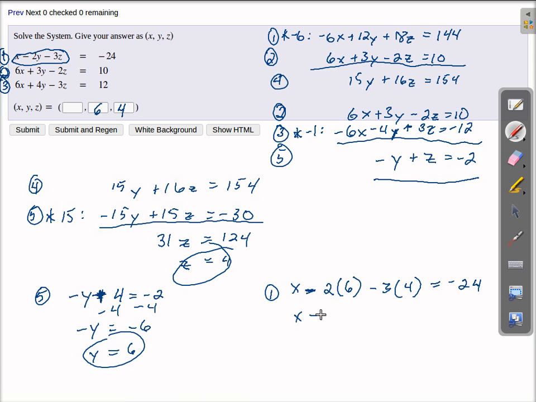So this is x minus 12 minus 12 equals negative 24. And that's, of course, x minus 24 equals negative 24. Add 24 to both sides, and I'll have x equals 0. So I've got my answer: 0, 6, 4.